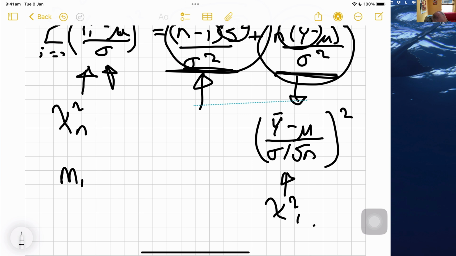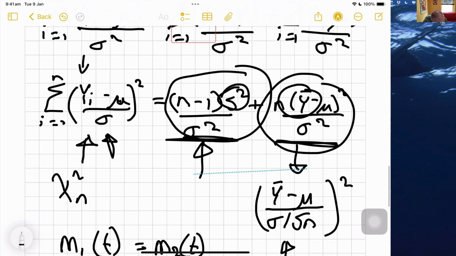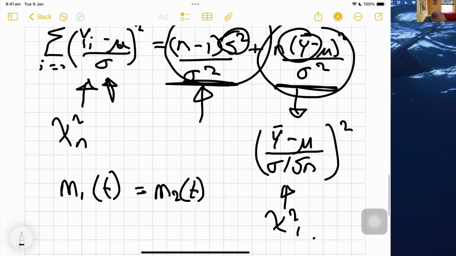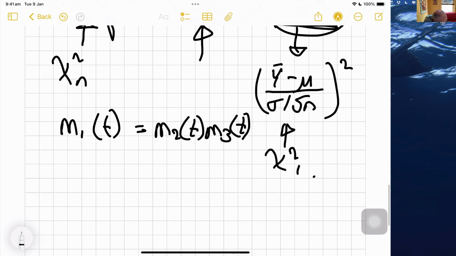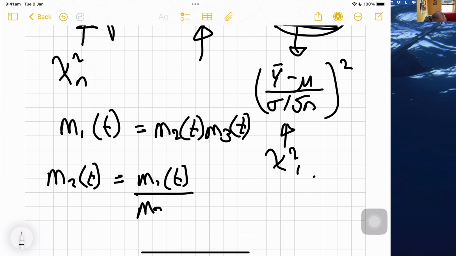So the moment generating function of this term is going to be the moment generating function of this term here, we don't know the distribution yet, we're having a good go, times the moment generating function of this one. Well, this one is a chi-squared on n, so we get that. First of all, I can rearrange that to say the moment generating function of what we care about is the moment generating function of a chi-squared with n degrees of freedom divided by the moment generating function of a chi-squared with 1 degree of freedom.